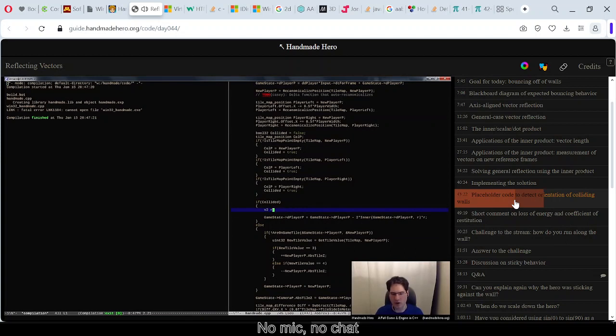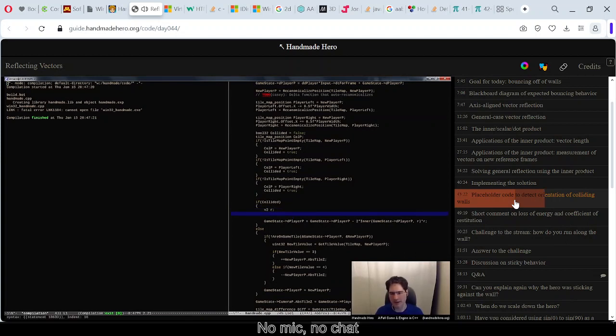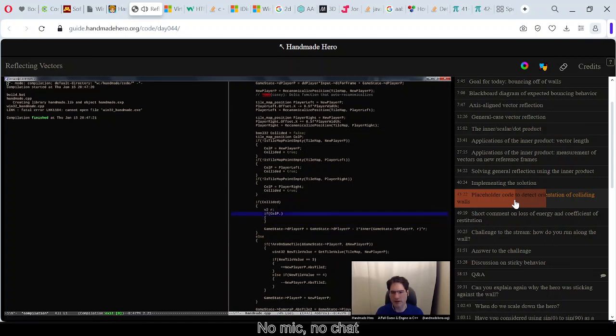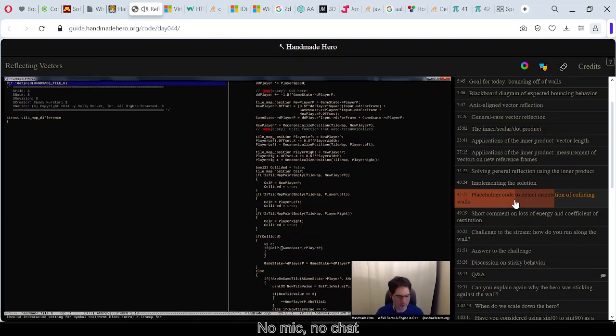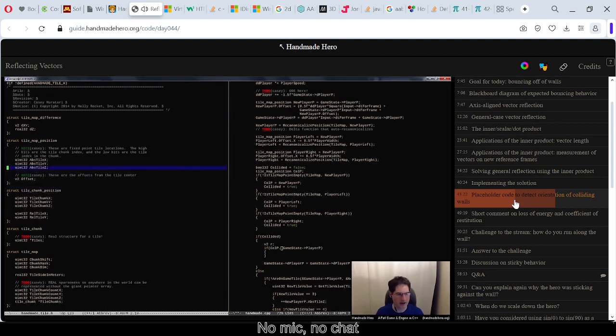To figure out what our wall is, we then go, all right, we know col P is the thing that collided. So what we need to do is take whatever the player P currently is, which is this guy, and we just need to see what direction he was trying to go in the tile map. So if you remember here, we have the tile map position.